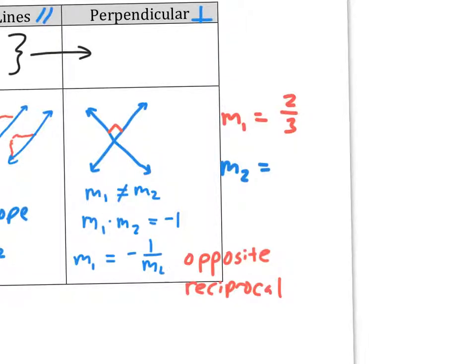So instead of positive, it's negative, and instead of 2/3, it's 3/2. So you take the opposite from positive to negative or from negative to positive, it doesn't matter, as long as it's the opposite, and you take the fraction and you flip it. So these two right here would be the slopes of perpendicular lines.